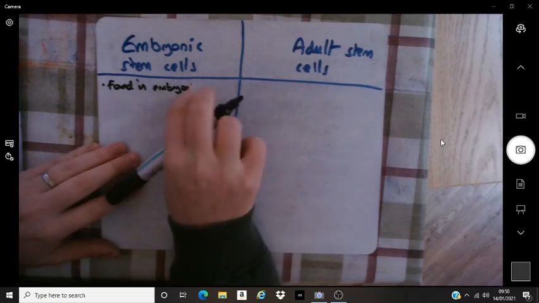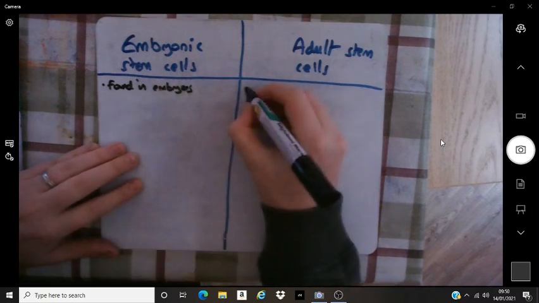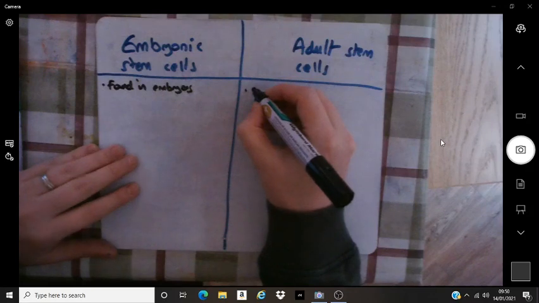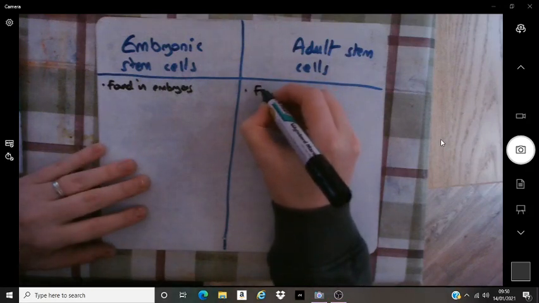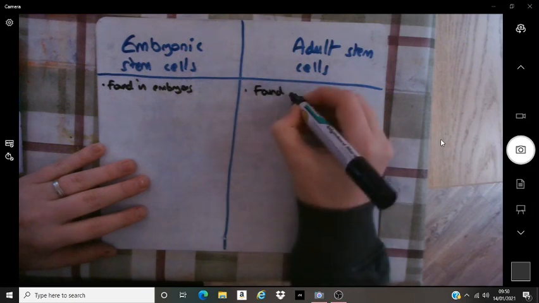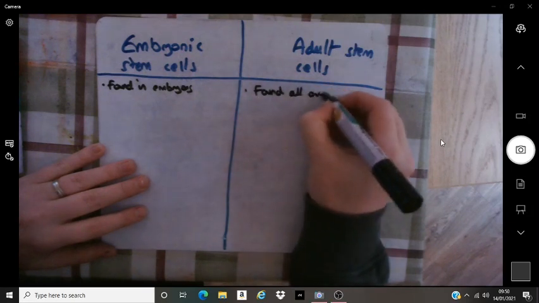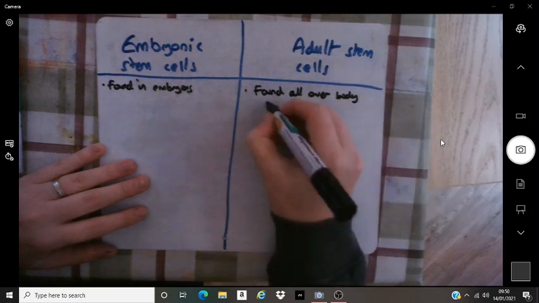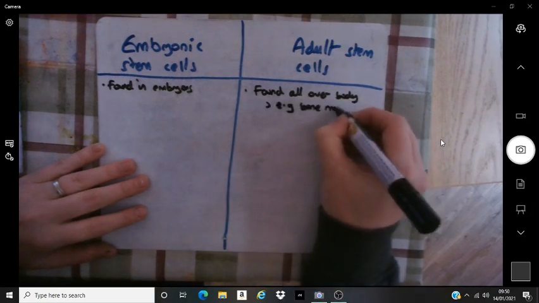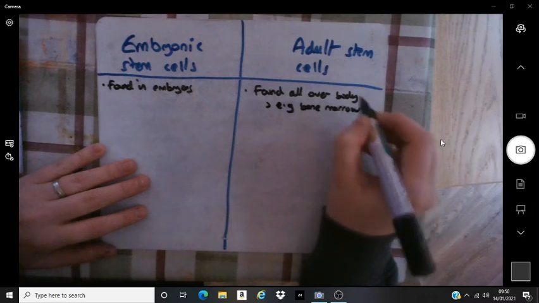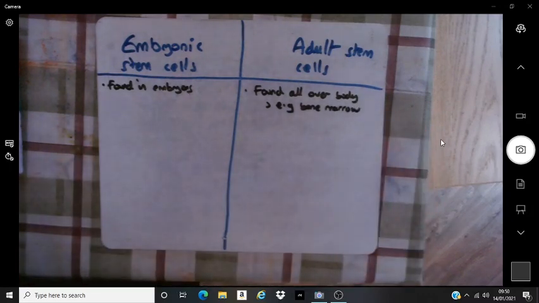So found in embryos. Whereas adult stem cells are found, in all fairness, mostly all over your body, even as an adult. But the best example are the adult stem cells in your bone marrow. They're a really nice example to talk about.